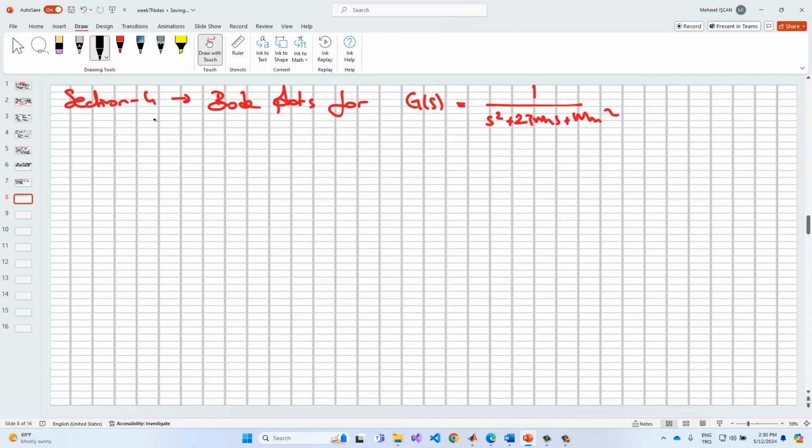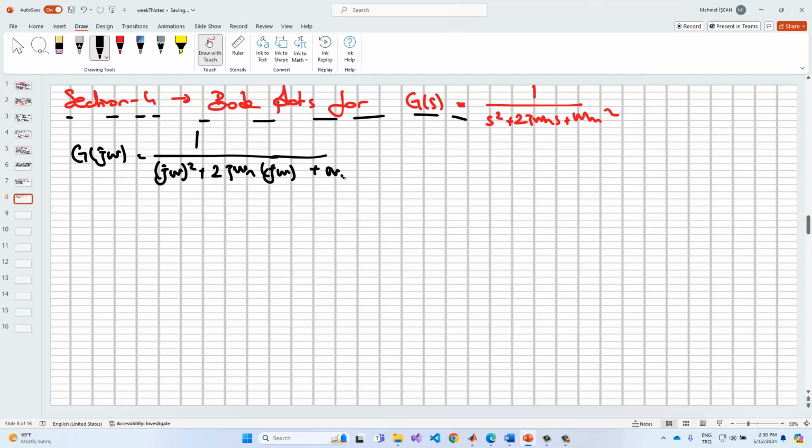And so if we calculate the whole of these terms, G(jω) is 1 divided by (jω)² plus 2ζωn jω plus ωn², and so we will have this formation: 1 over ωn² minus ω² plus j2ζωn ω.